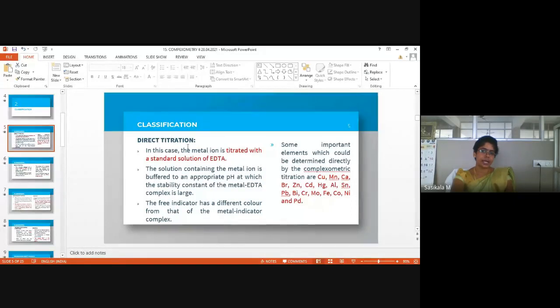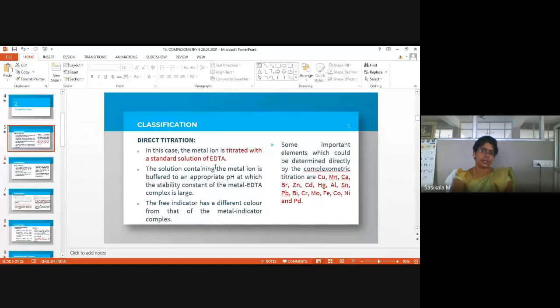The sample will contain the metal ion that will be directly titrated with EDTA. That means the conical flask content will be the metal ion. An unknown concentration of metal ion is analyzed with a known concentration of EDTA.